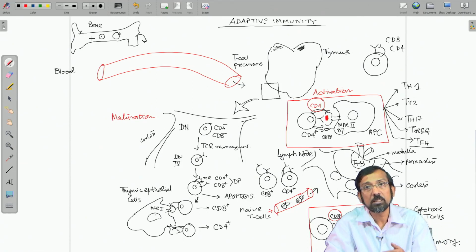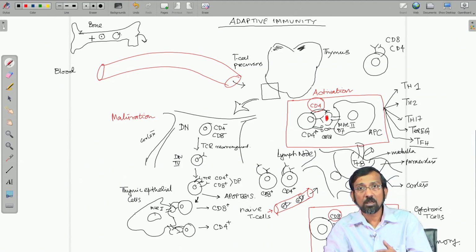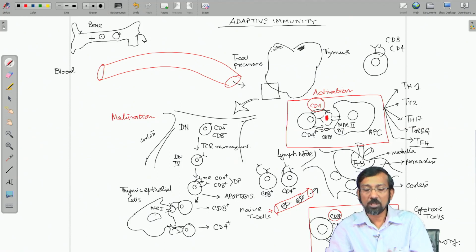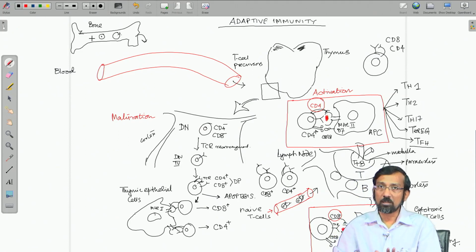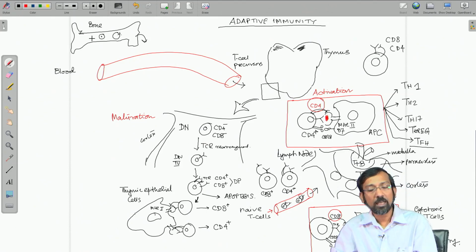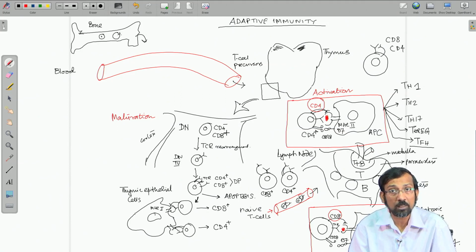Initially these T cell precursors mature through different stages where the T cell receptor rearrangement occurs, and during this time it does not express on its surface either of the two markers CD4 or CD8, and that is why they are known as the CD4 minus CD8 minus or the double negative cells.